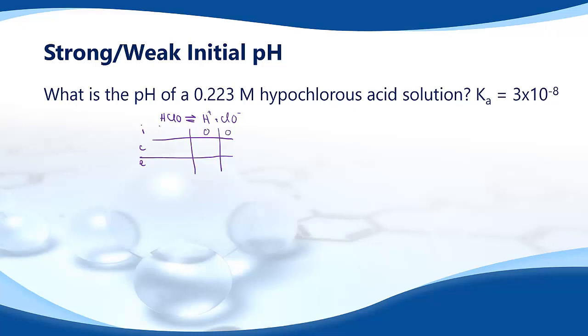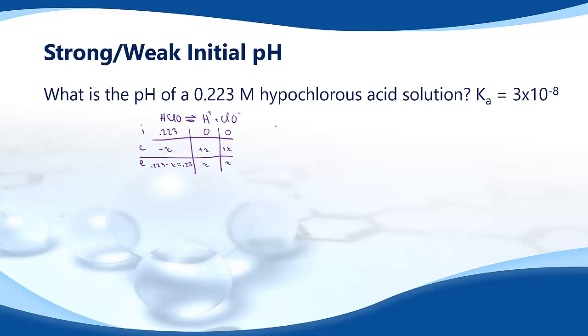Start off with 0 for both of these, 0.223 minus x, which, because K is really, really small, is going to be about 0.223, plus x, plus x.